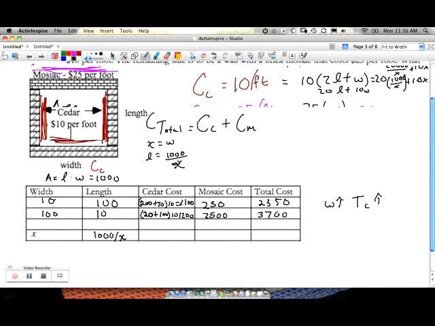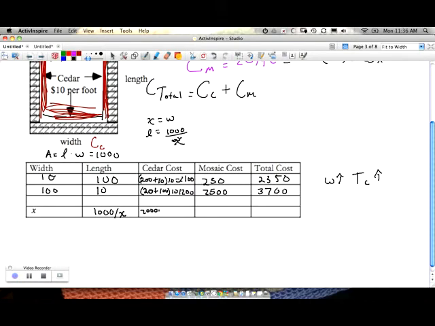So that's our cedar cost. That's 20,000 divided by x plus 10 times x. And then the second one is 25x. And the total cost is these two added together, the cost of the cedar plus the cost of the mosaic.